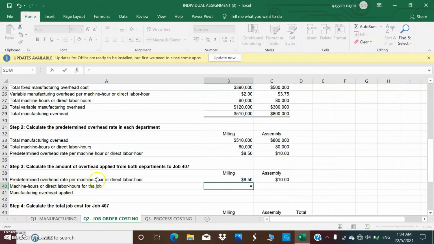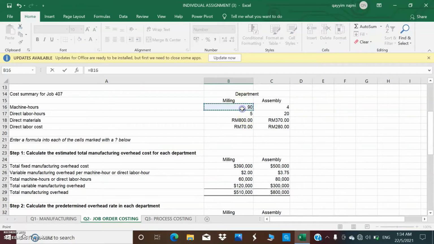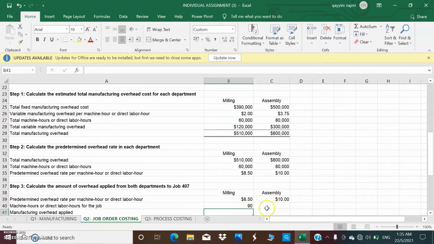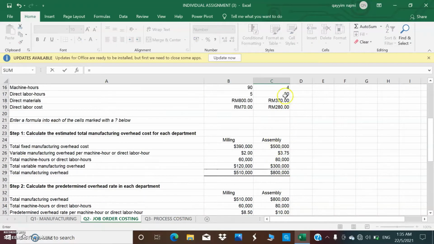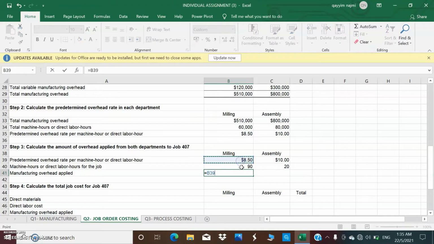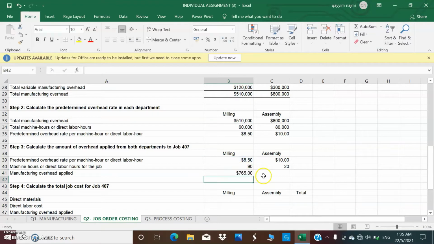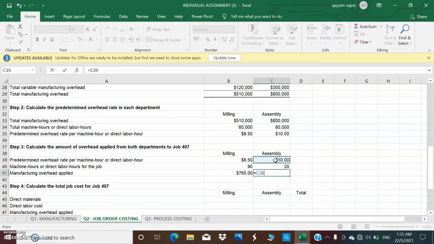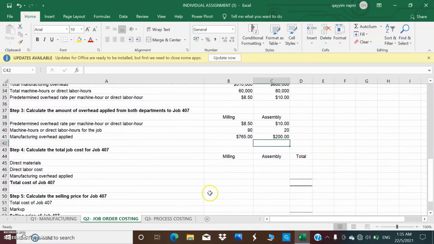The actual machine hours used are 90 hours, and for assembly the actual is 20 hours. The manufacturing overhead applied is 8.50 multiplied by 90 hours, which gives 765 ringgit. Same with assembly, 10 ringgit multiplied by 20 hours gives 200 ringgit.